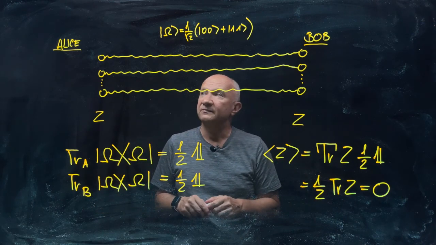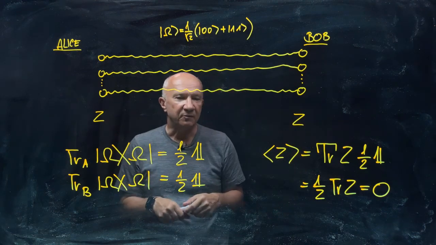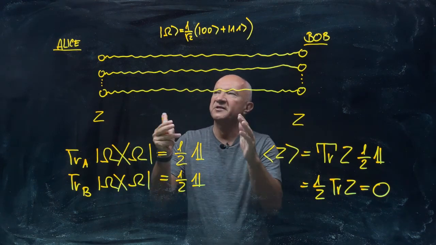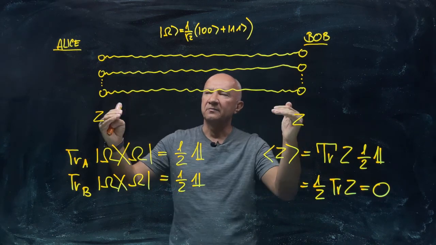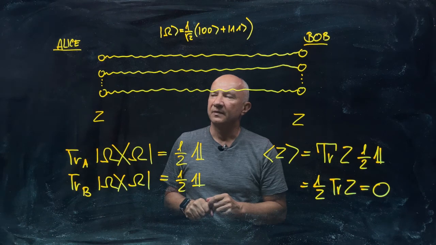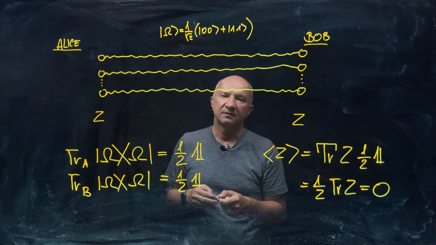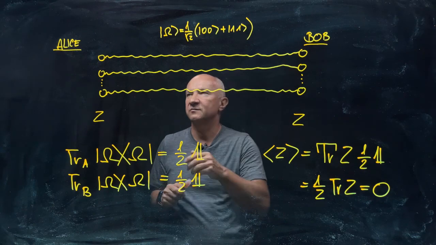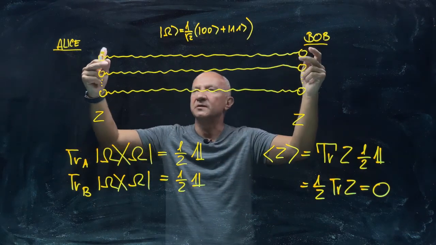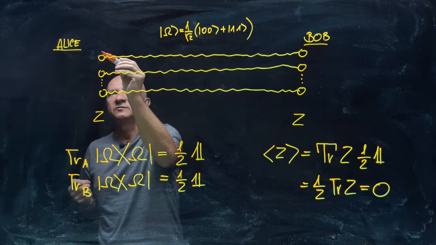Anyway, here we have a scenario where Alice and Bob, as long as they share a large number of entangled qubits, can generate identical outcomes. If they simply measure each qubit in the Z basis, the outcomes would be identical.